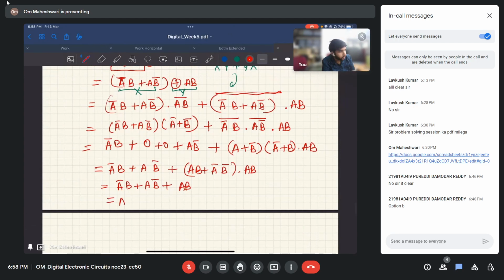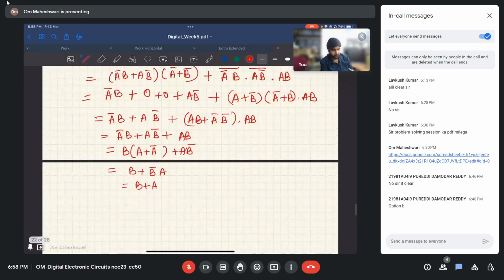Take common: A bar B plus, if we take B common, A plus A bar plus A B bar, B plus A B bar, B plus B bar A equals B plus A. So our M is B plus A.